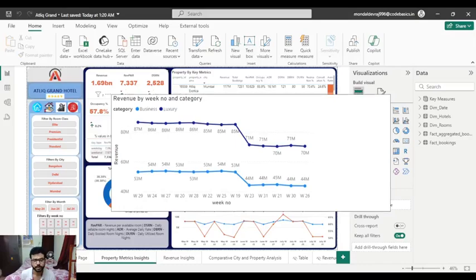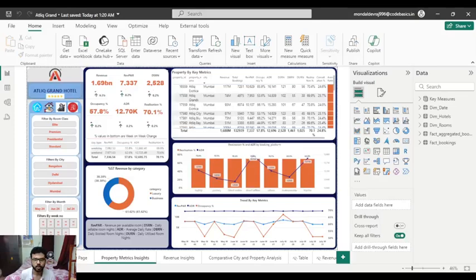In that we can see revenue by week number and category. As we all know, in the hospitality business, weekends are Friday and Saturday, and weekdays are Sunday to Thursday.